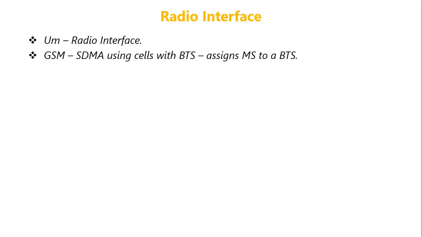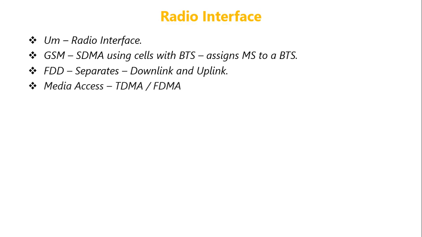Frequency division multiplexing is used to separate downlink and uplink communication. Media access, that is, the wireless medium, can be accessed either through TDMA or through a combination of TDMA and FDMA.